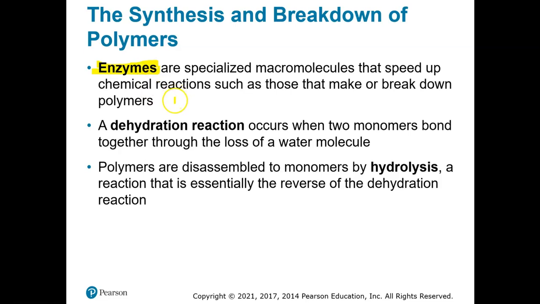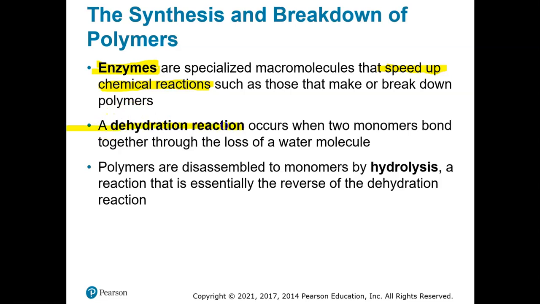Enzymes will speed up chemical reactions, so they are catalysts. Every chemical reaction that forms or breaks down any of these macromolecules is going to have an enzyme involved. There are 2 chemical reactions that we're going to see.